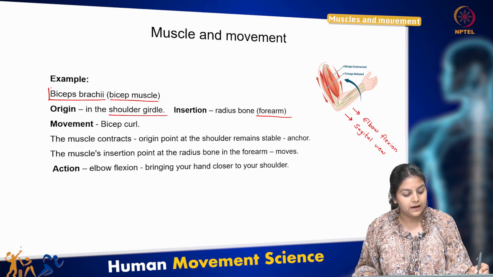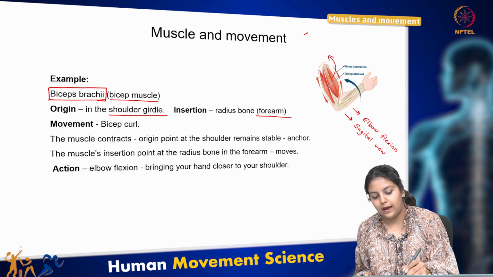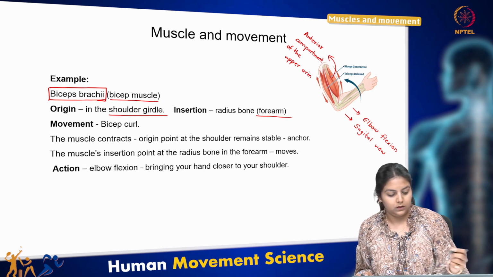And where is the bicep present? It's in the anterior compartment of the upper arm, right?